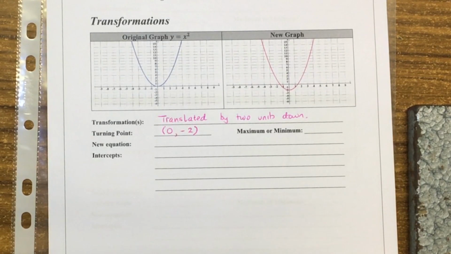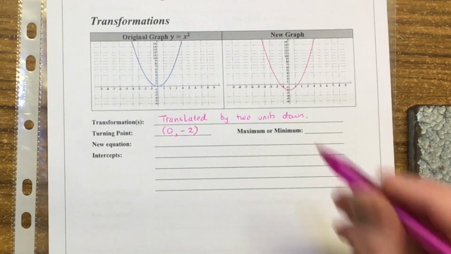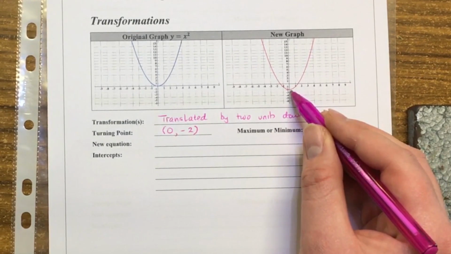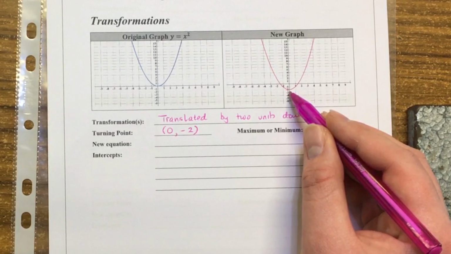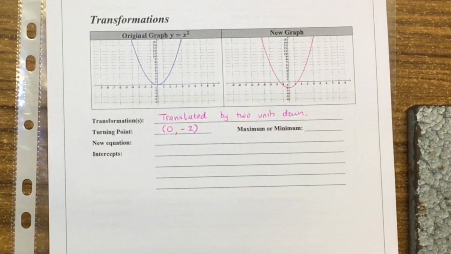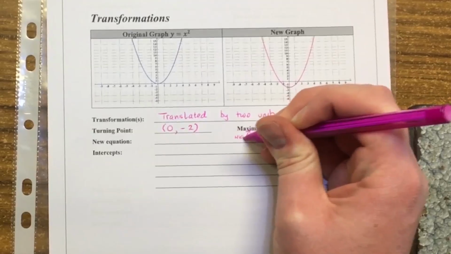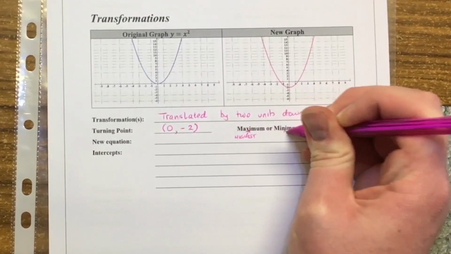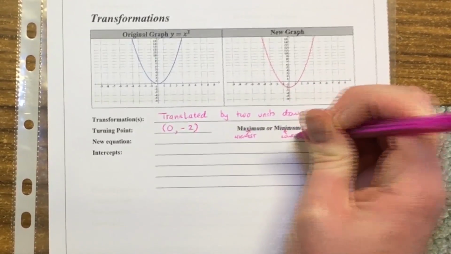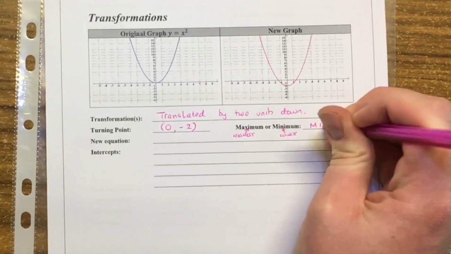When there's a negative in front of the x squared, you'll get a maximum. Yep. This is actually what's called a minimum, because it's the lowest point of the graph. If you see the word maximum, it's the highest point, and the minimum is the lowest. So, this has a minimum.